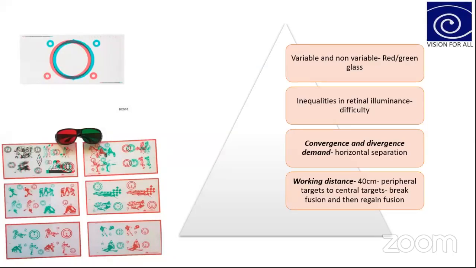Then ask the patient to look at the target, and the patient should be able to regain the fusion immediately. This is the next step of your therapy in the vectogram and anaglyph.